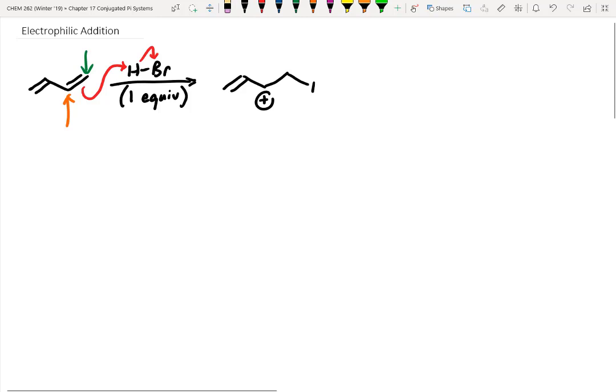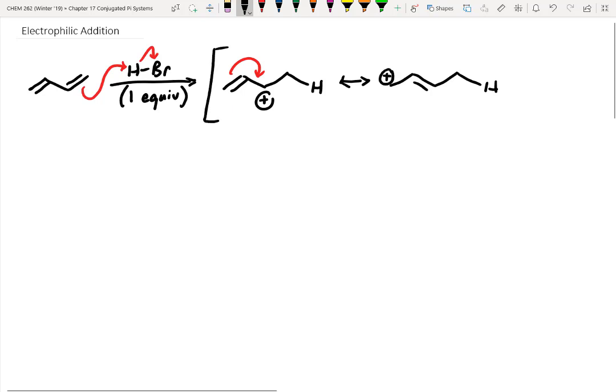And in fact, I'm just going to leave that hydrogen on there for the time being. And let's consider the resonance structure for this. All right, so we can kick those electrons over, and we can delocalize that positive charge.